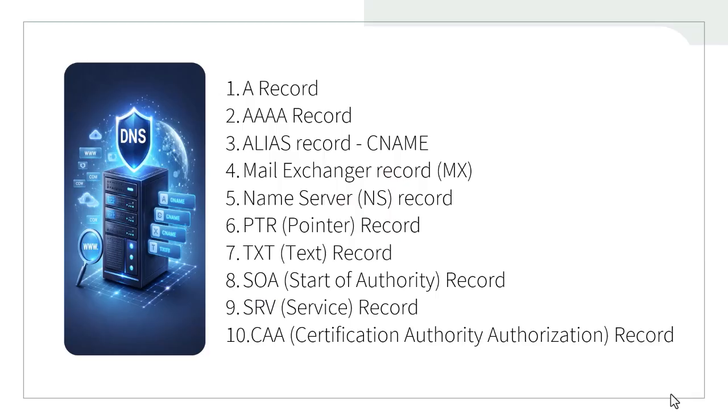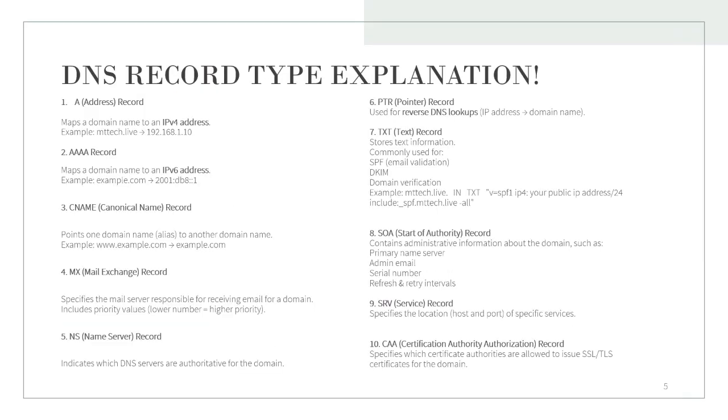Then the PTR pointer record, and the seventh is the TXT record, which I will show you in the next slide, what a TXT record is and how it looks. The eighth is SOA, the start of authority record, then the SRV service record, and the CAA certificate authority authorization record. Here are the 10 records of DNS, each explained individually.